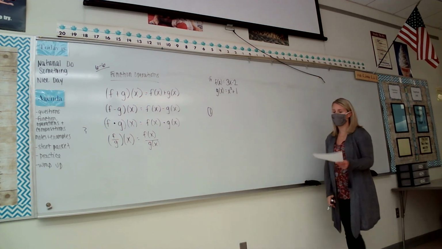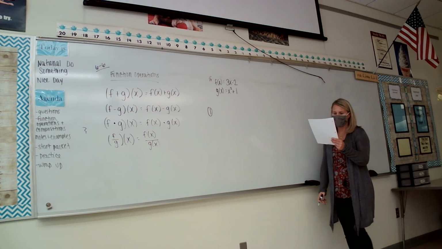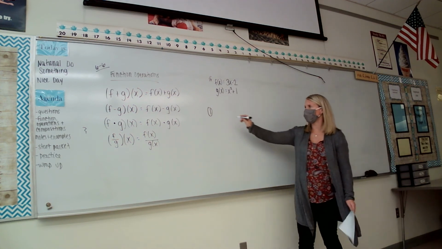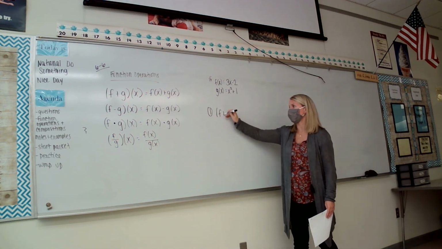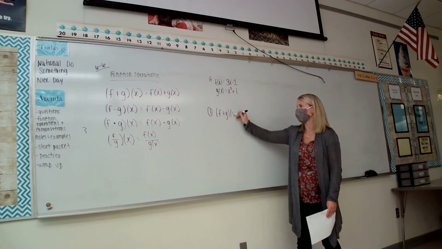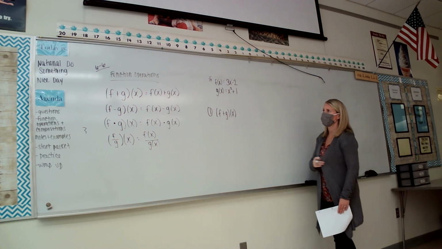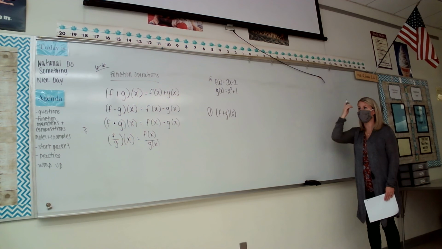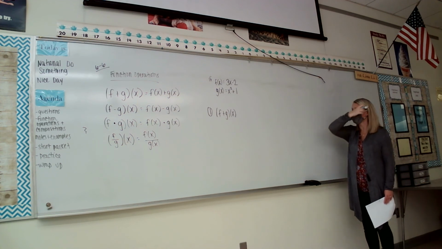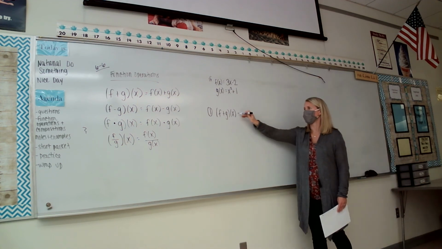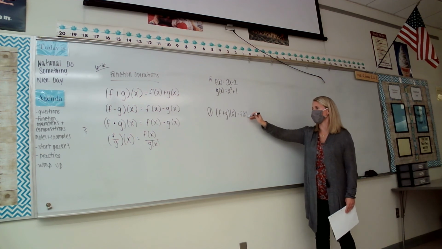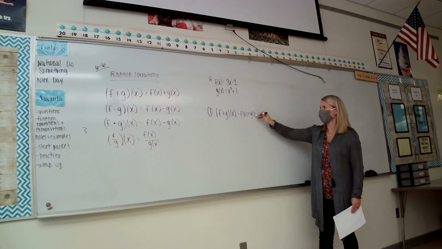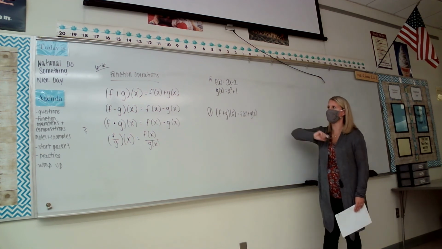So using those as examples, if I said, what is f plus g of x? Now we actually have to define what they mean. So I like to rewrite it as f of x plus g of x, because then I can go back and relate them right to my functions.